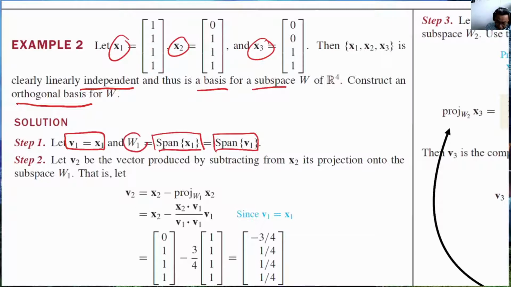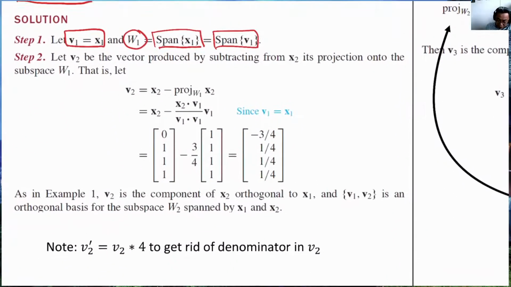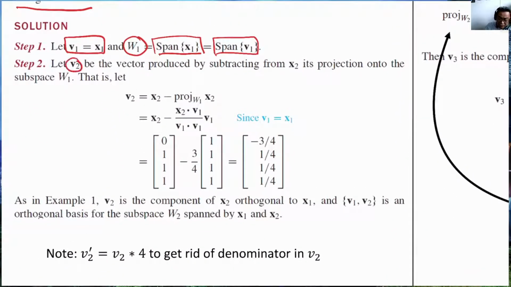We use the notation w subscript 1 to denote the column vectors in W. Now, what about x2? To construct the second vector v2, v2 must be orthogonal to v1.